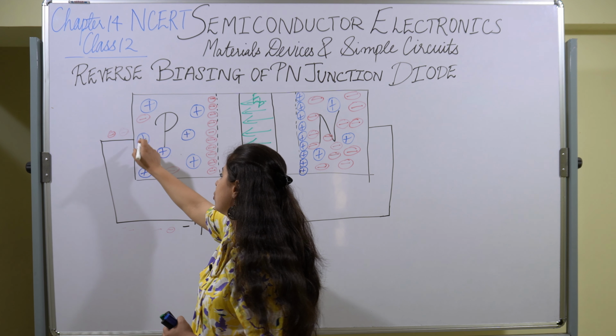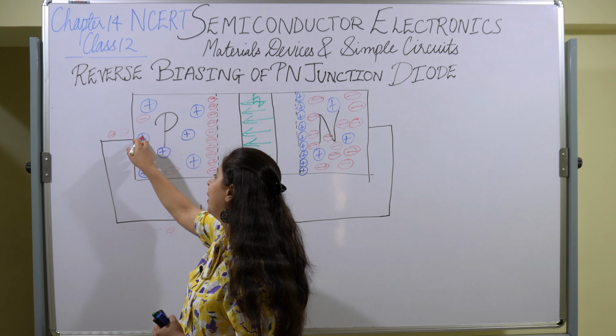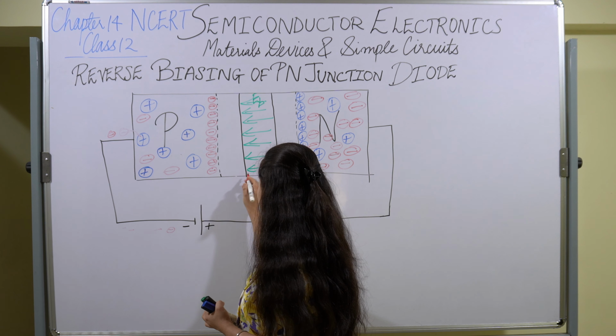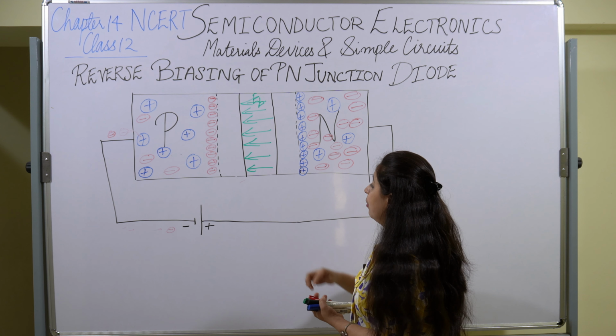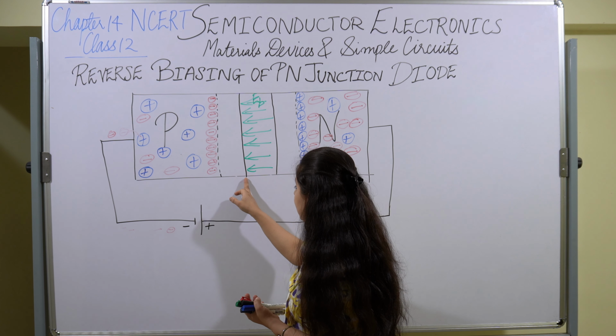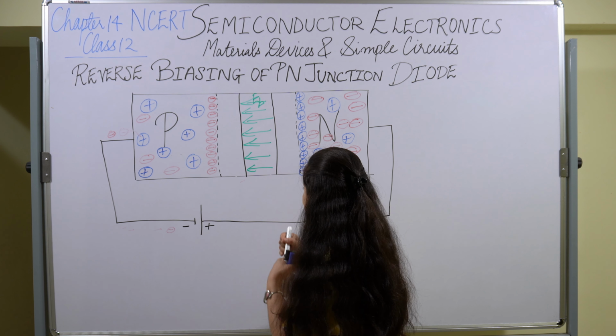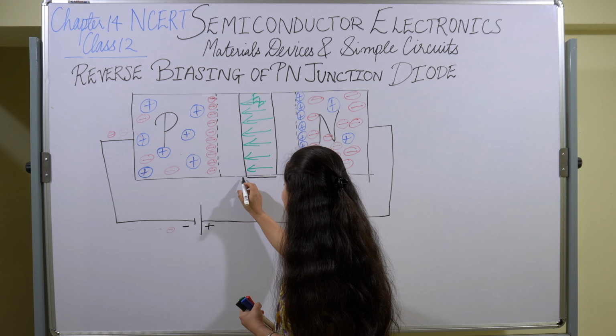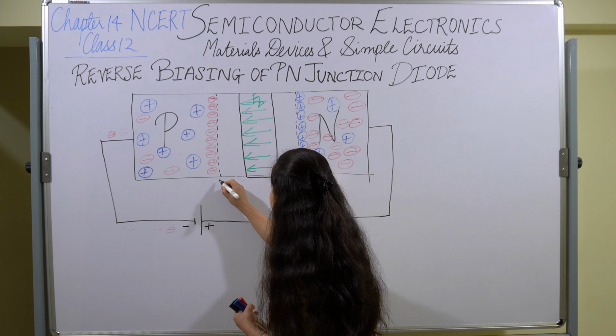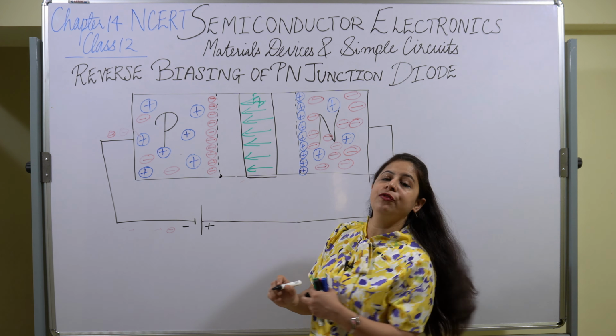Some of the electrons also recombine with the holes over here, and so this shifts my depletion layer from this to this. Previously my depletion layer was this much, and now my depletion layer has shifted to this point.